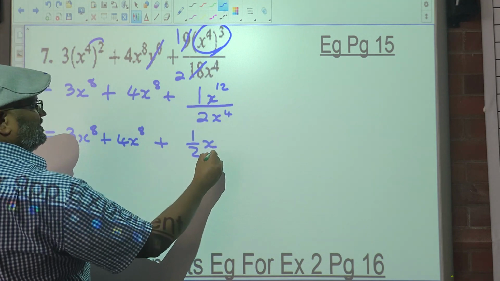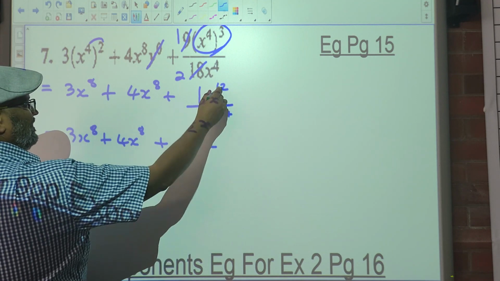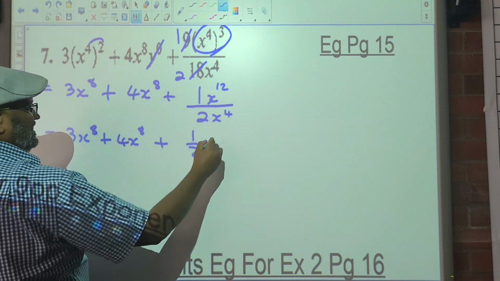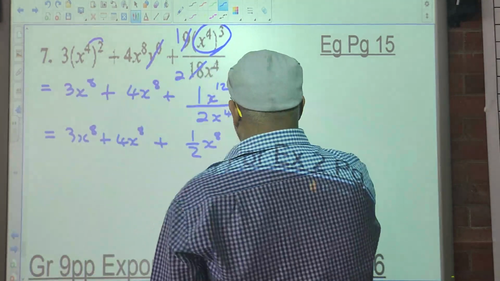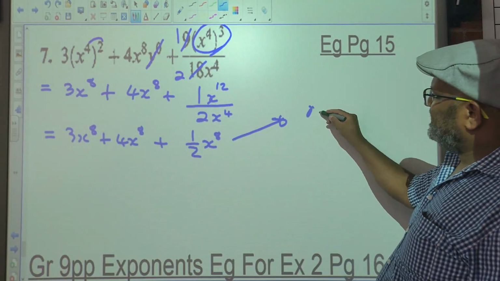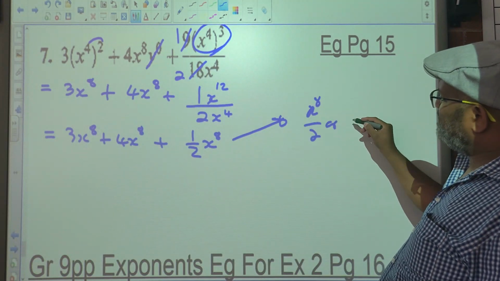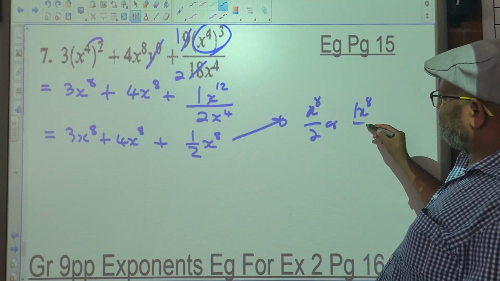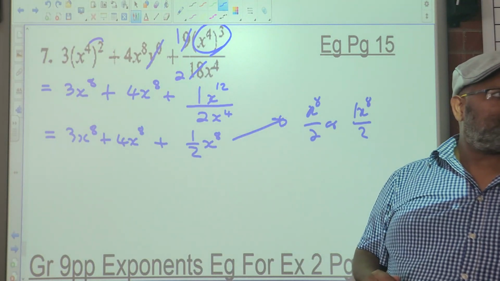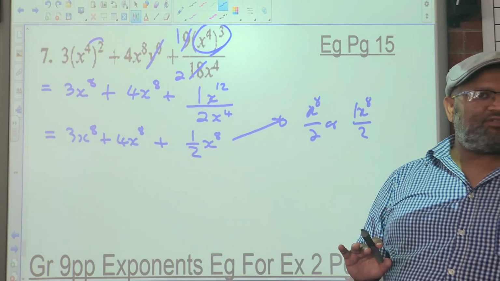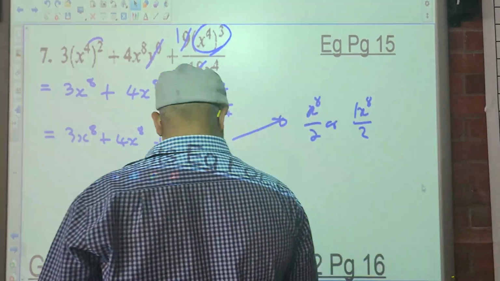So it's x to the exponent 12 minus 4, which is 8. You all agree with that? That would have been written as x to the 8 over 2, or 1 over 2 times x to the 8. It's all the same thing. Is there any confusion? No.